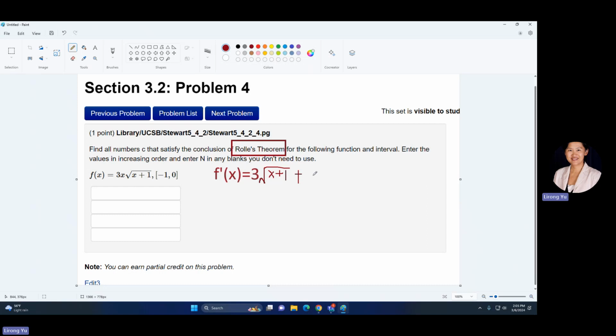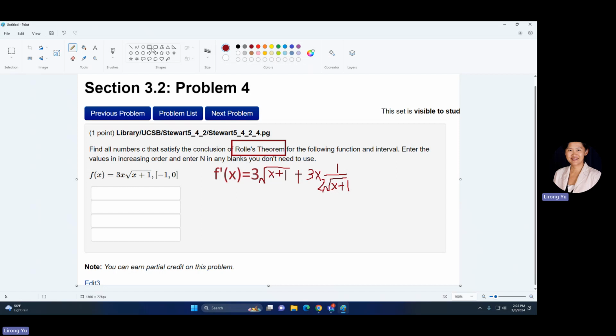Plus, we keep the 3x and find the derivative of the root. The derivative of the root is 1 over 2 times the root. So 3x times 1 over 2 times the root of x plus 1. So that's the derivative. We're trying to find where this derivative equals 0.